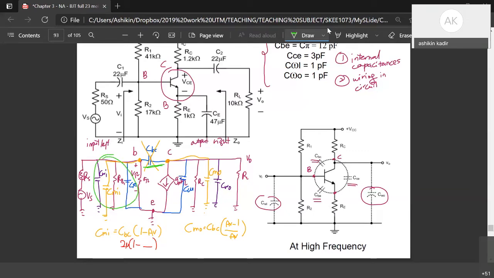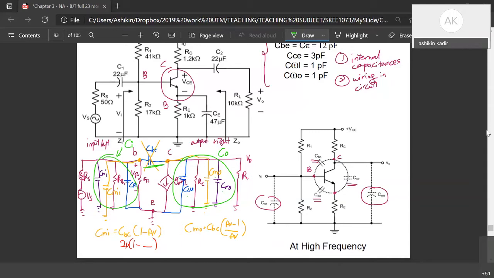So here we can denote it as a parallel capacitor, we denote it as CI. And at the output part, we can see that C mu, CMO, CWO, these three are parallel, so we denote it as C output. Yes, we just use AV that we get from the mid-frequency analysis.